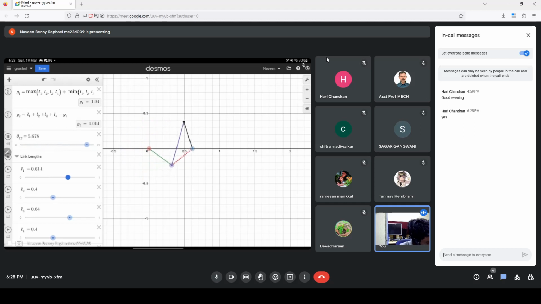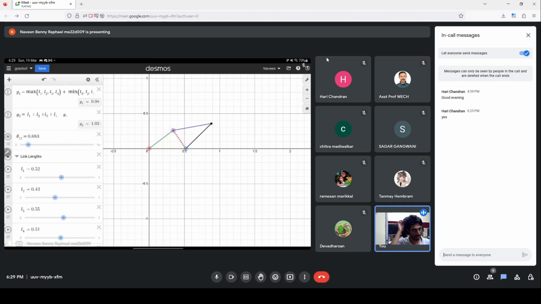On the other hand, if I increase this, so in this case, we get G1 is less than G2, and now the green link is properly able to have a complete 360-degree rotation.